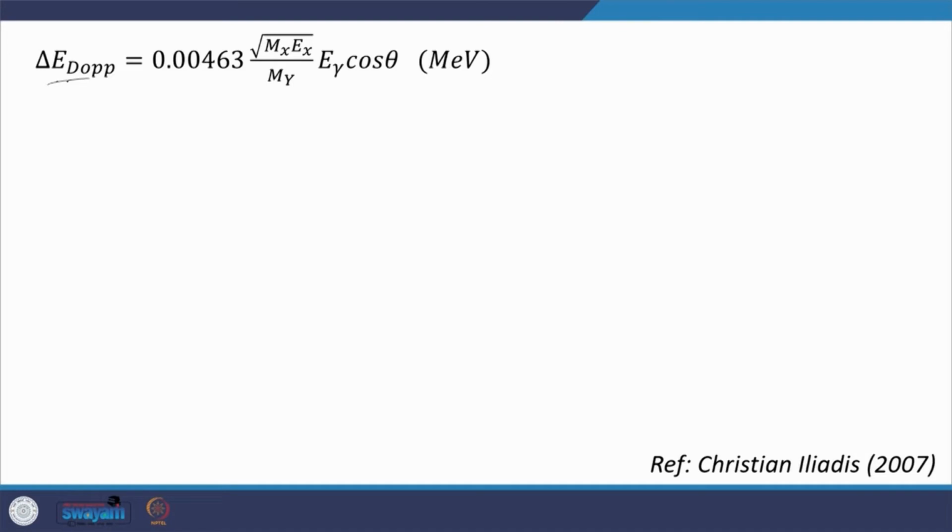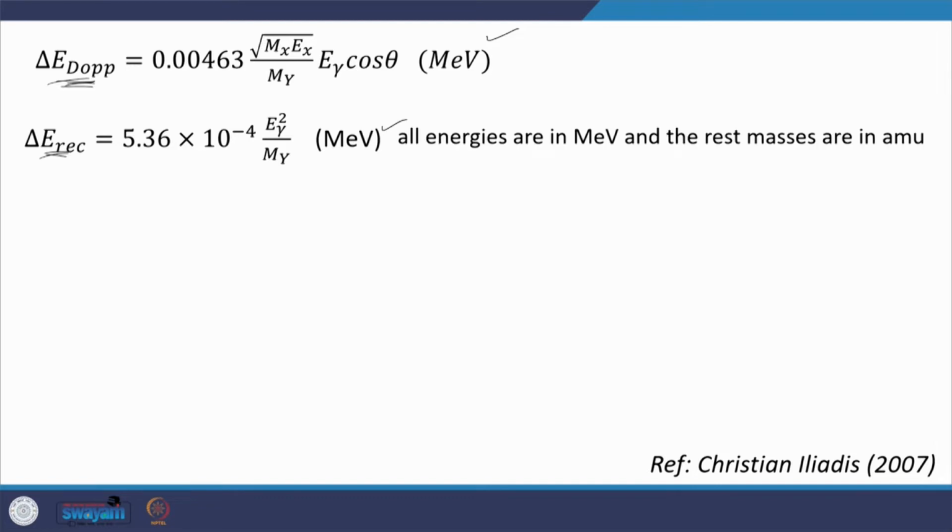The Doppler effect corresponds to the energy given here in MeV, and then the recoil shift energy corresponding to it is given by this relation in MeV, okay. And here all the energies are in MeV and the rest masses are in AMU, all right. So, these 2 relations correspond to the last 2 terms in the energy of the gamma ray expression.